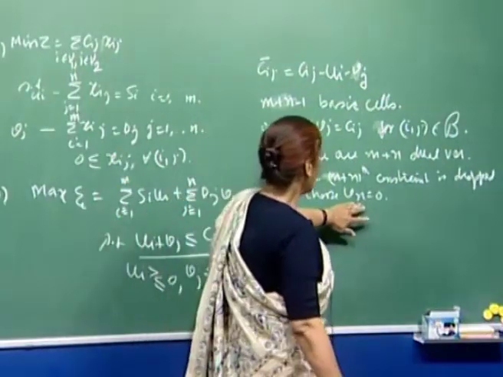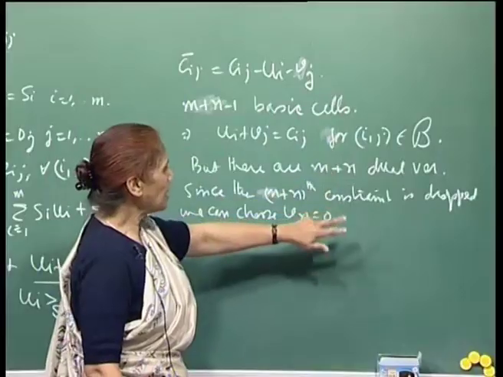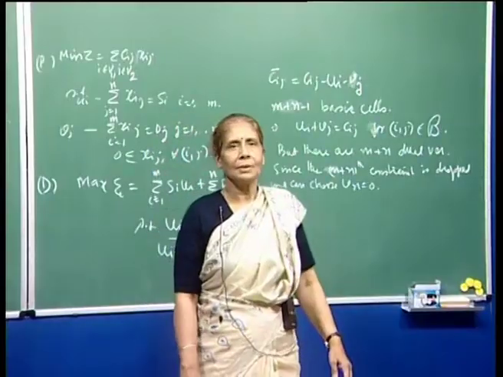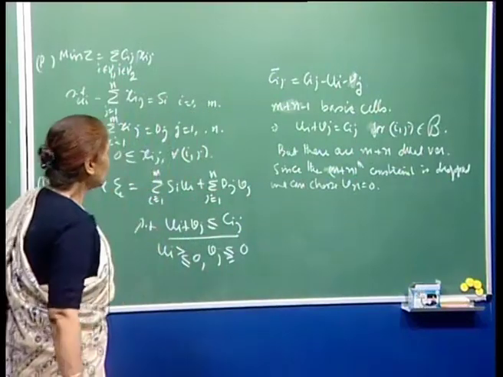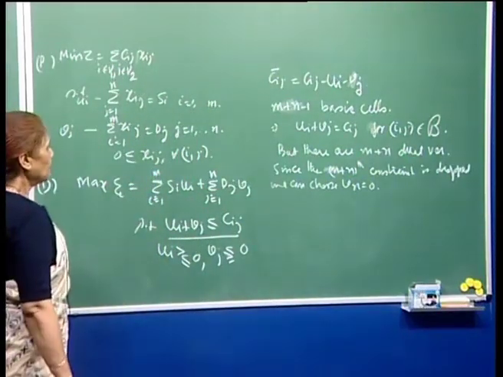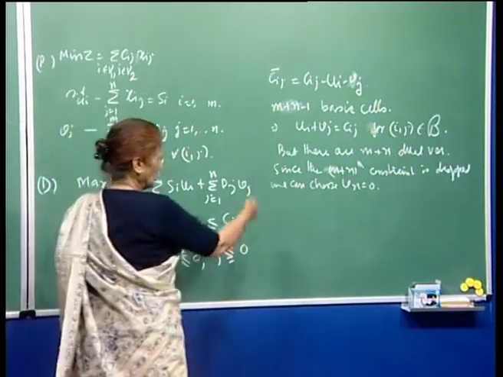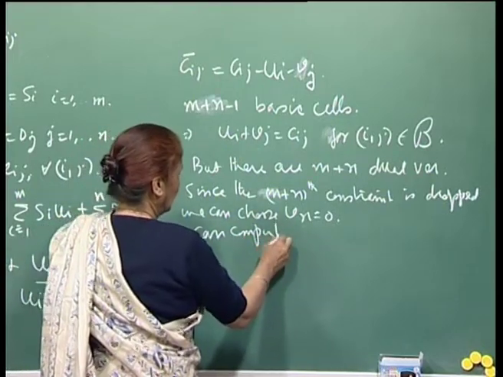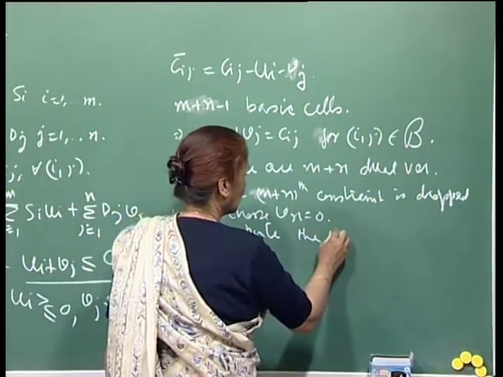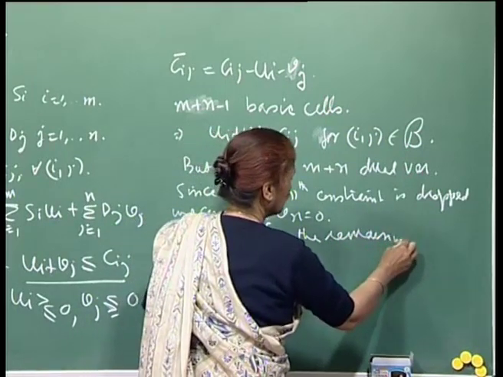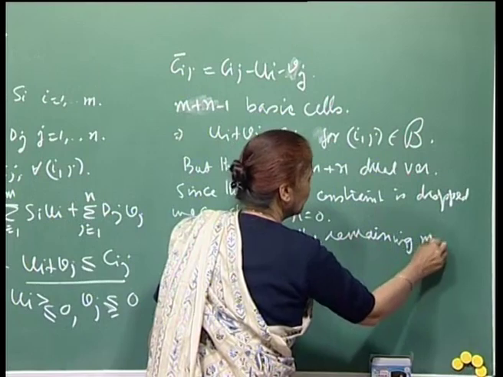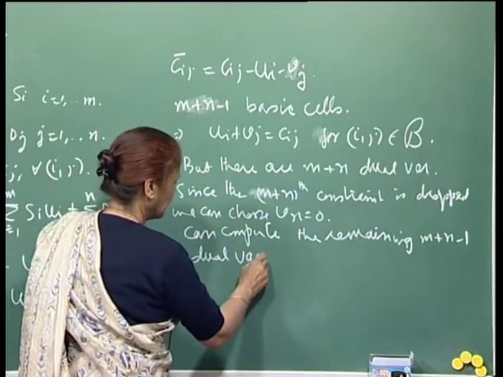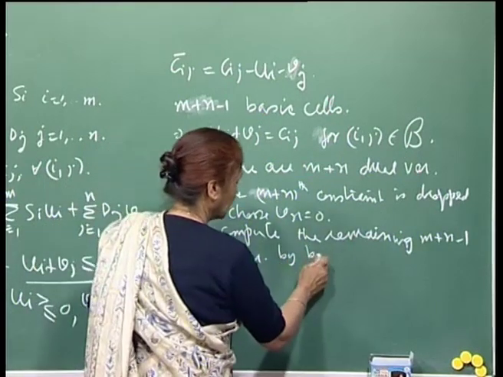Then you will be left with m plus n minus 1 dual variables to compute, and you can do that uniquely from these m plus n minus 1 equations. Because your basis is triangular, you can compute the remaining m plus n minus 1 dual variables by backward substitution.